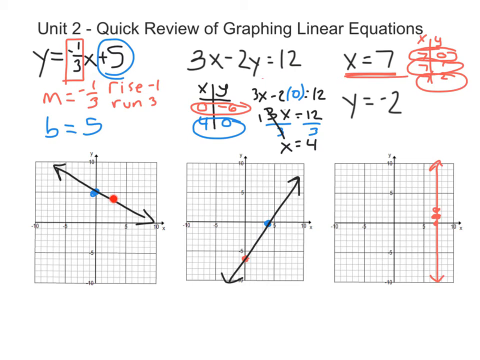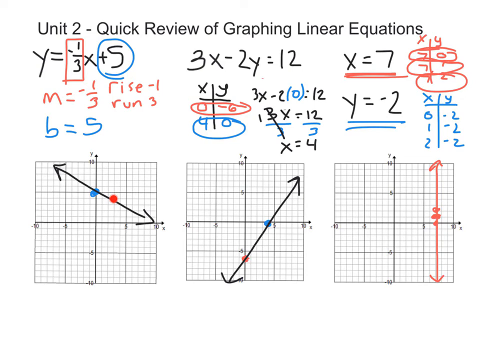Now, y equals -2. Y equals -2 means that no matter what x is, y is -2. So now we can put in any x values, 0, 1, or 2. I mean, you could put 17 in there, it doesn't matter. No matter what, y is -2.